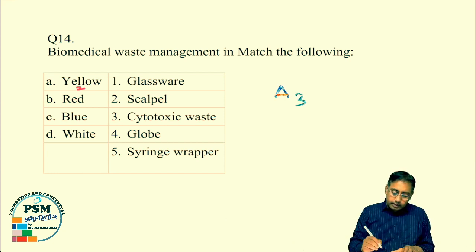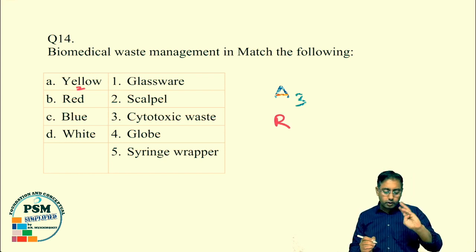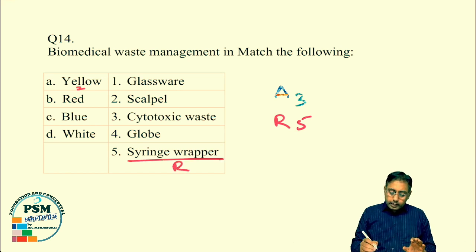Red category is all rubber, tube and plastic. So glassware, no. Scalpel, no. Cytotoxic, no. Syringe wrapper, definitely red goes with the 5.